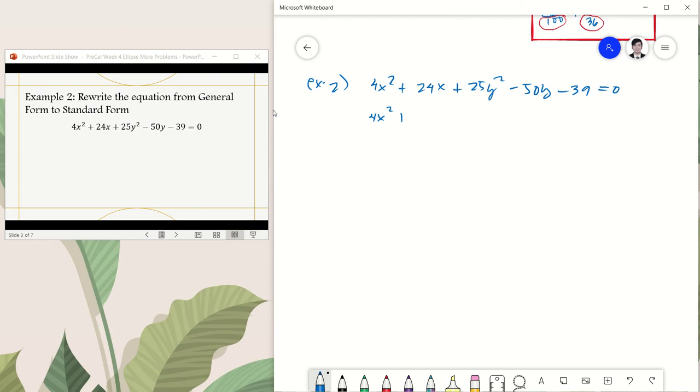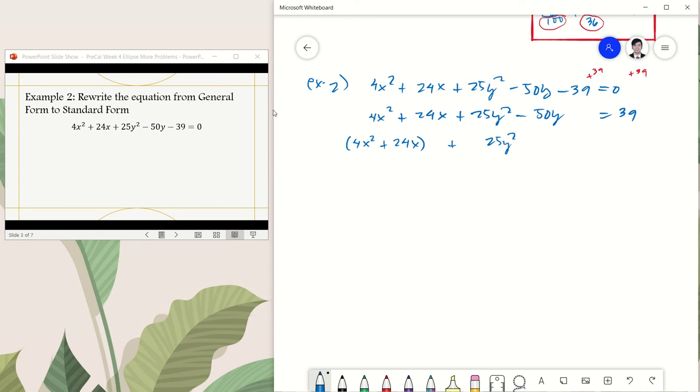So, ang mangyayari magiging negative 39 plus 39 is 0, but you need to do the same thing on the right. 0 plus 39 is 39. So, again, we just added a 39 in both sides. And then, next, i-group together mo yung mga terms na merong same variable using parentheses.